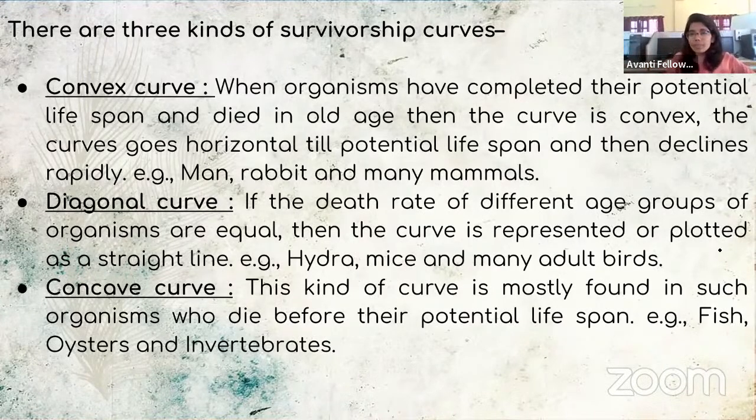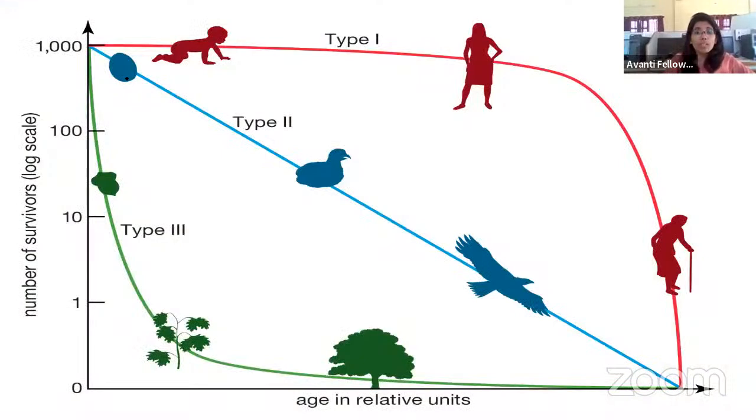Diagonal curve means where, in a population, let's say here we have an example of birds. If we take the eggs, the chicks and the bird, this is the development. Here, the eggs are also dying, the chicks are also dying, and the birds are also dying.